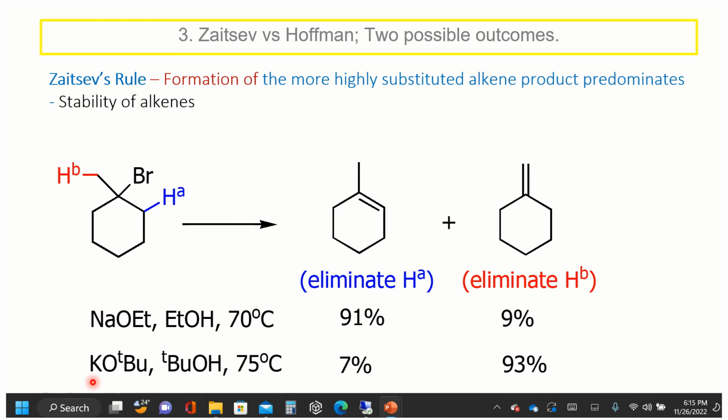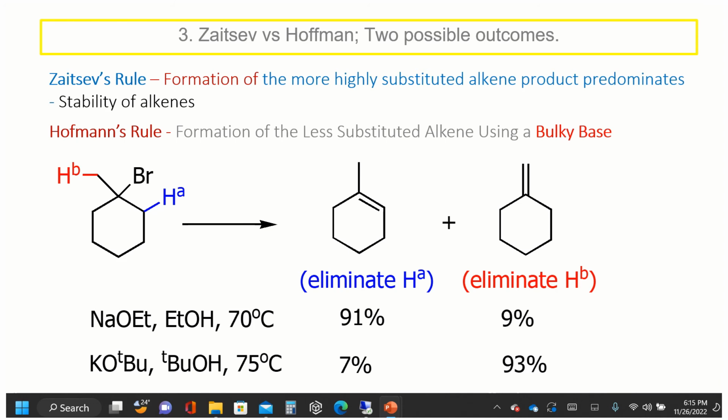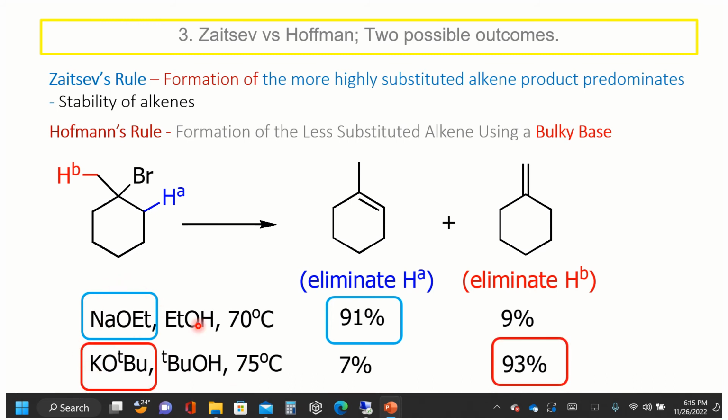If we use a much larger base, in this case tert-butoxide, virtually all the alkene formed is the Hofmann species, the least substituted alkene. So, bulky base, small base. This is the Zaitsev, and this is the Hofmann.